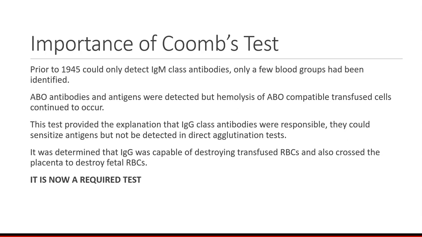We just didn't have the correct methodology. It was determined that IgG was capable of destroying antigen-positive transfused red cells and also crossed the placenta to destroy fetal red cells. This test is now required.